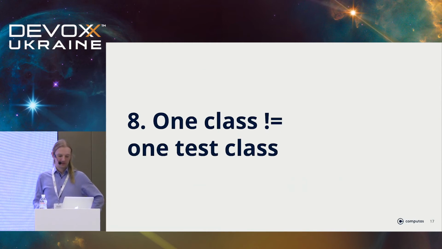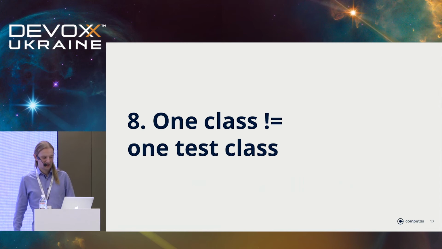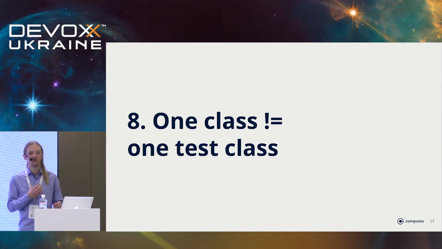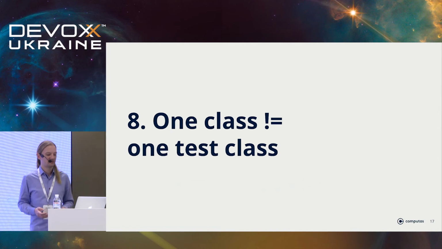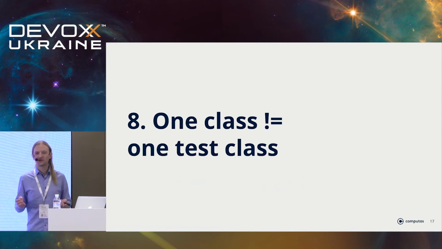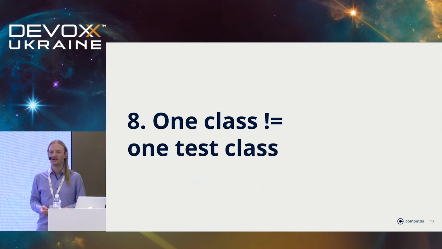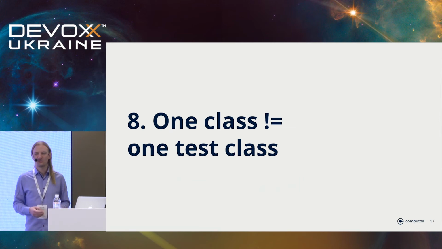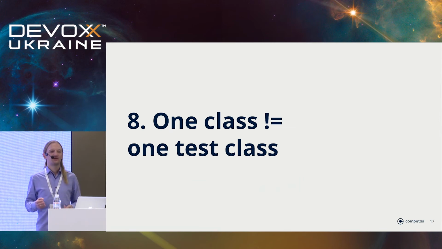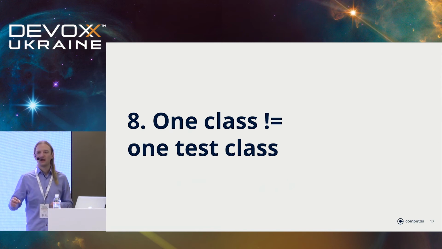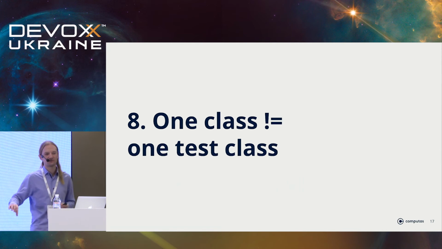Okay, so one idea from my side, though. The typical pattern is that if you have one production class, you write one test class for it, which is usually fine. For most cases, that's fine. But in legacy code, things ain't always fine. So you might have a production class that has several groups of responsibilities, right? You can have a production class that has 8 methods handling persons and 8 methods handling organizations.